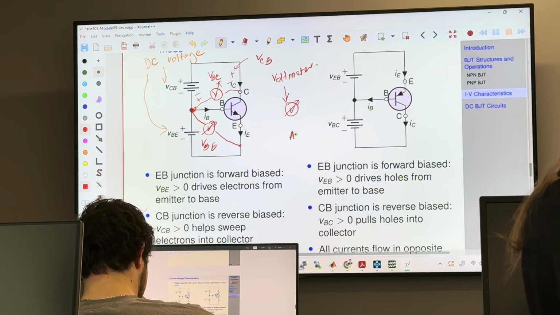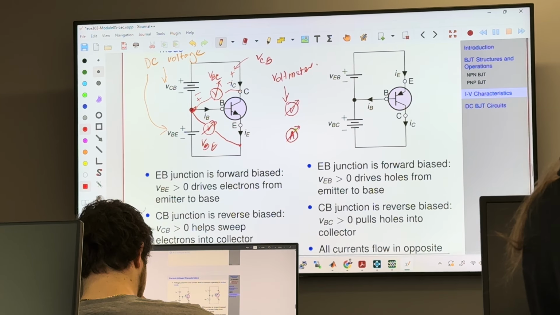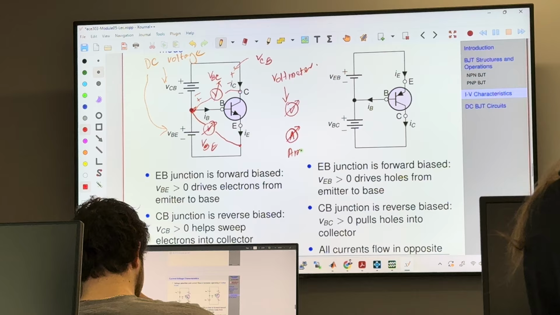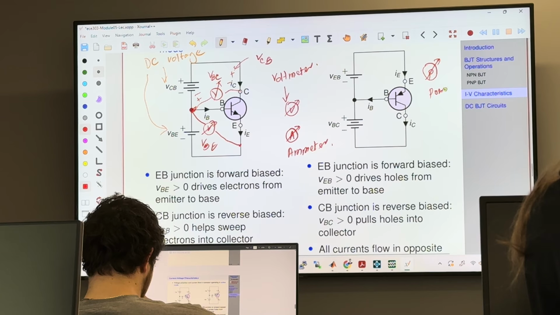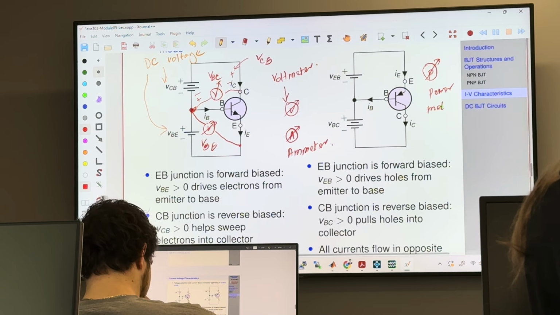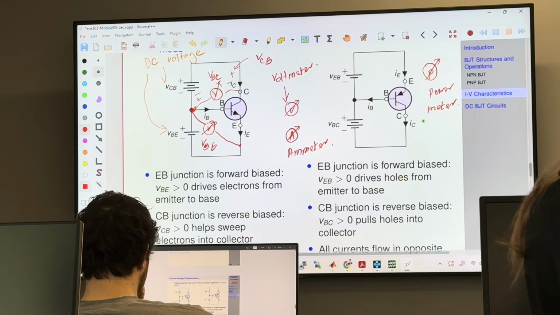And you use this symbol for an ammeter. And we use this symbol to denote a power meter. That's the standard convention.